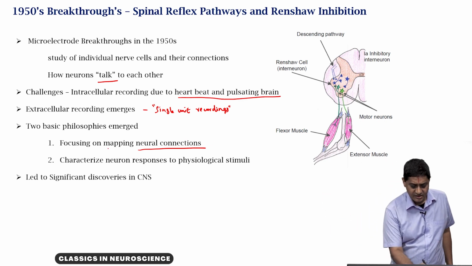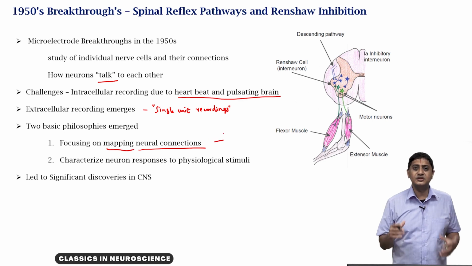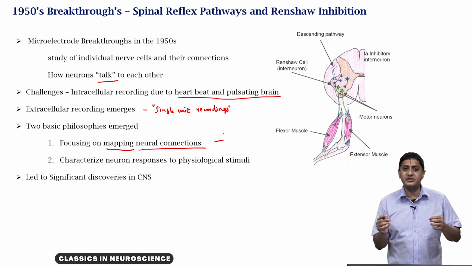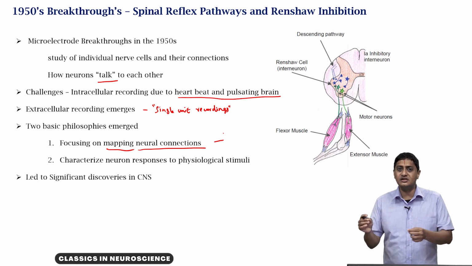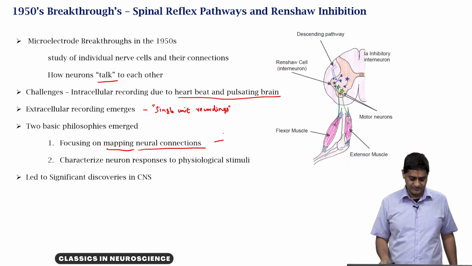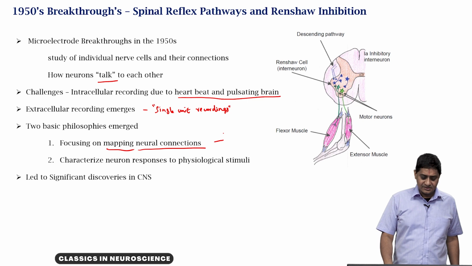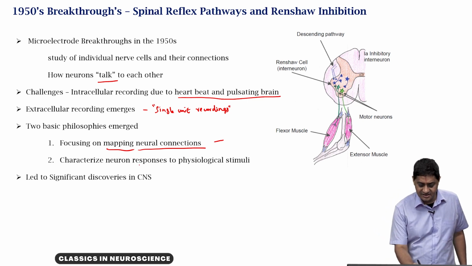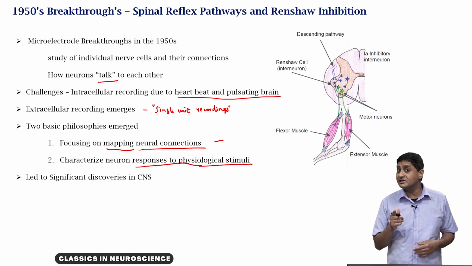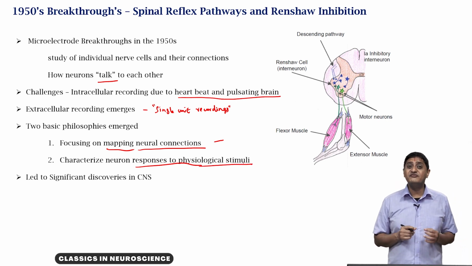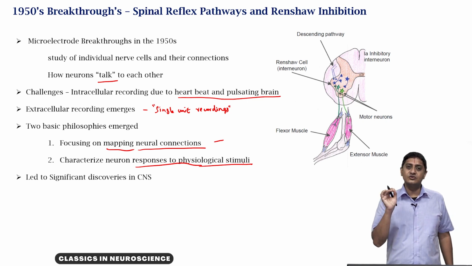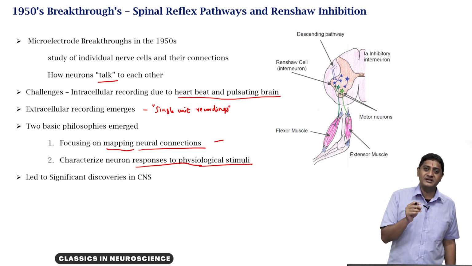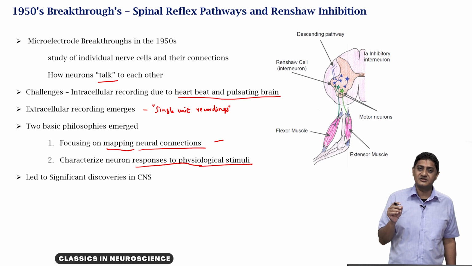This is used for mapping, so that you can have an idea of the input-output relationships through the connecting behavior. The other is to characterize the responses of neurons to physiological stimuli, not necessarily electrical stimuli. If it is a visual system neuron, then you stimulate it with light and see how that neuron is responding.